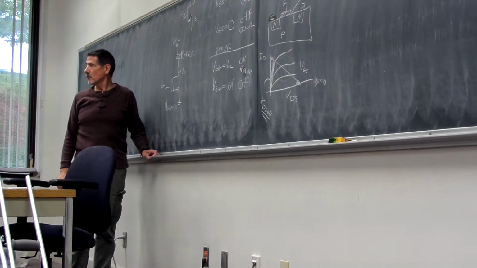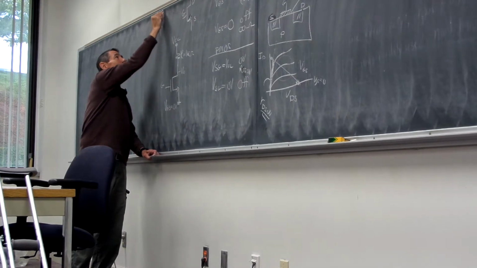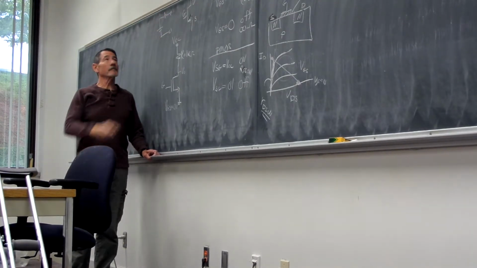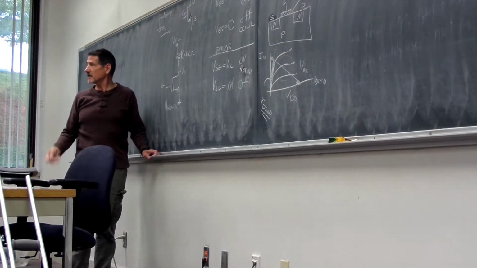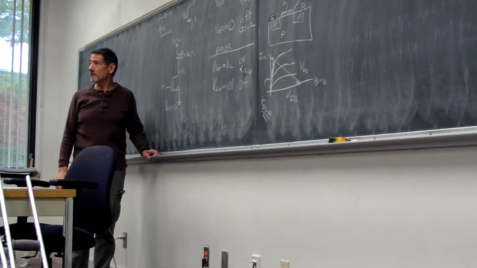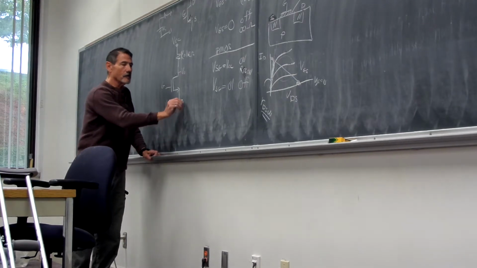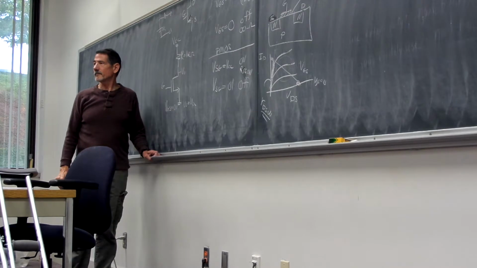VCC. Why? If you have a battery like this and a resistor, what's this voltage? VCC. It's just drawn a little bit different here, but isn't that the same, right? Okay, so VGS equals 0, V out is VCC.